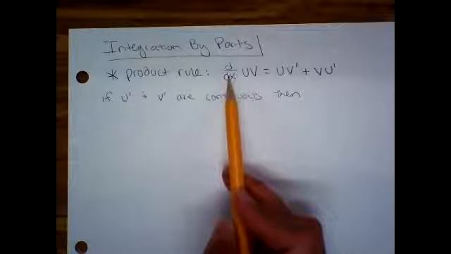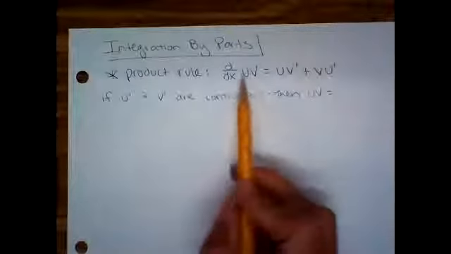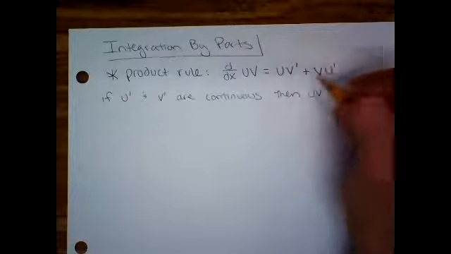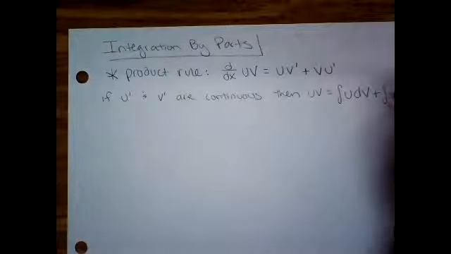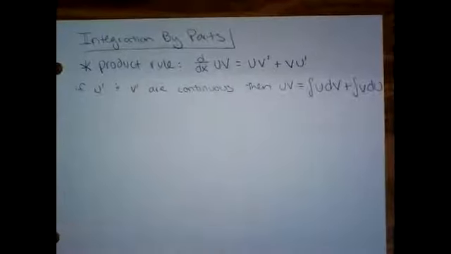They're going to cancel out. So you would just get u times v. So u times v equals, now the v prime and the u prime, that's going to be the dv or the du. So this is going to be integral u dv plus integral v du. It's like we're mixing and matching them there.